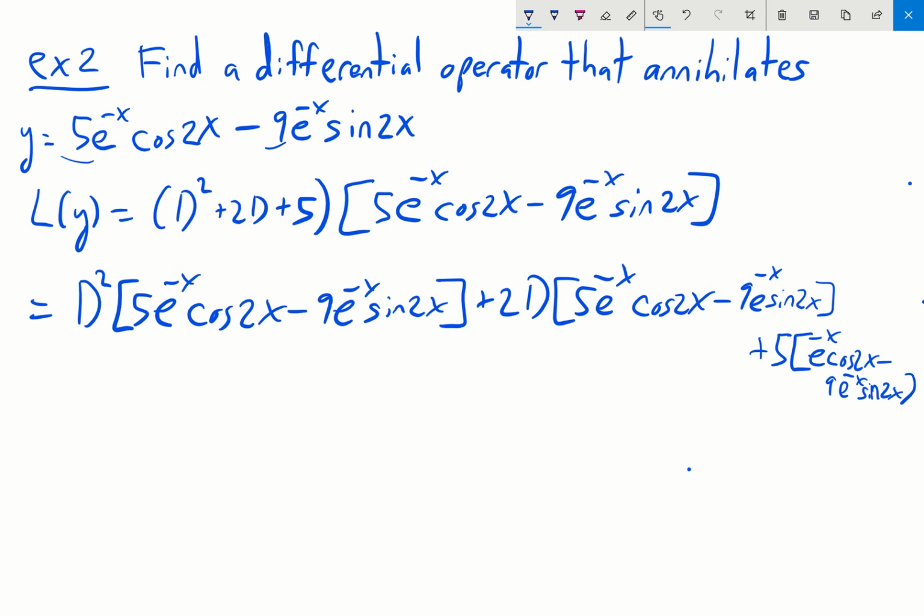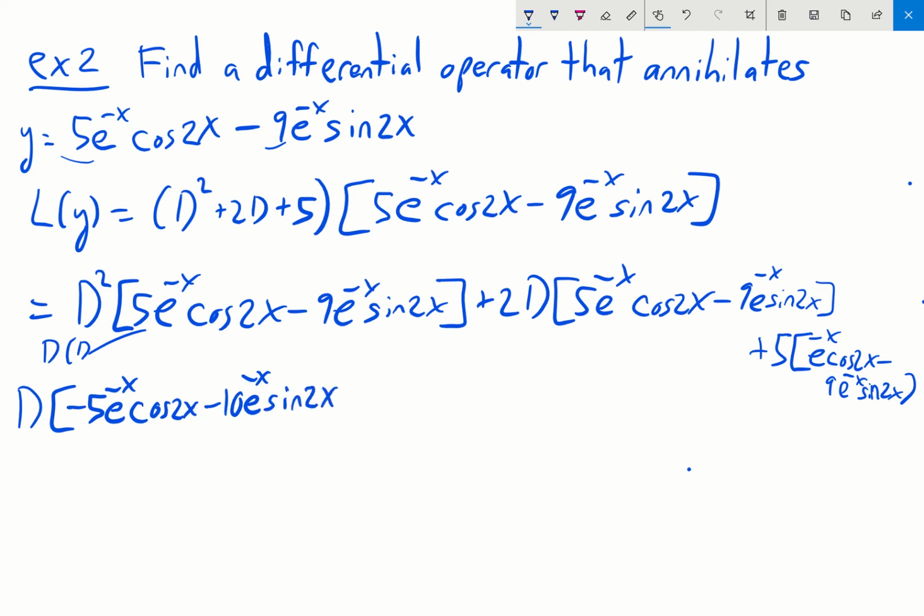So the second derivative, again, that's the derivative of the first derivative. If I do one derivative of this thing, it's going to be a product rule. I'm going to get a -5e to the -x cosine of 2x. Then we're going to get a -10e to the -x sine of 2x.